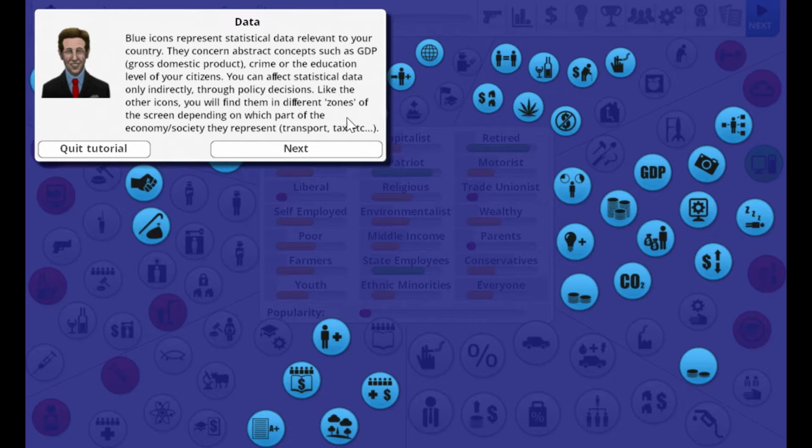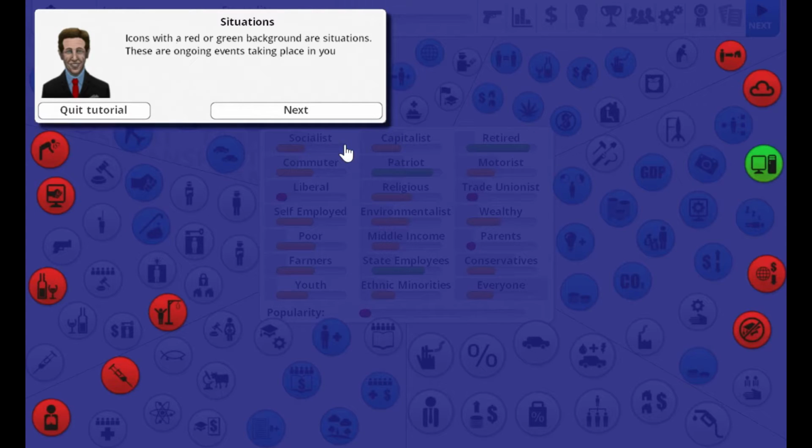They concern abstract concepts such as GDP, gross domestic product, crime, or the education level of your citizens. You can affect statistical data only indirectly through policy decisions like the other icons. You'll find them in different zones of the screen depending on which part of the economy or society they represent.